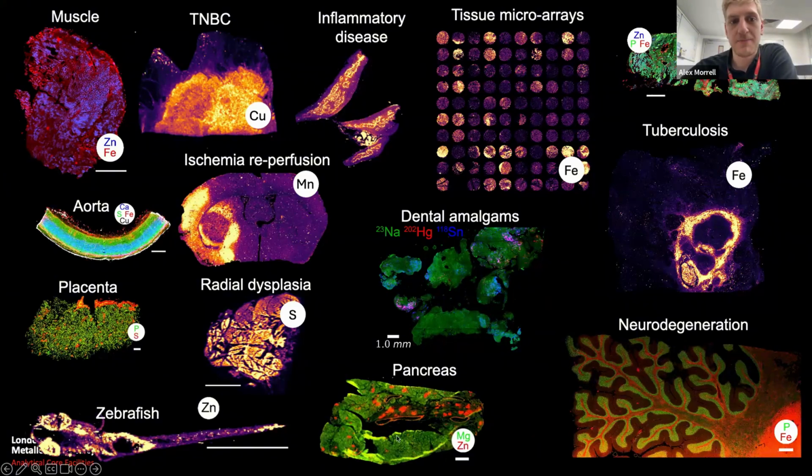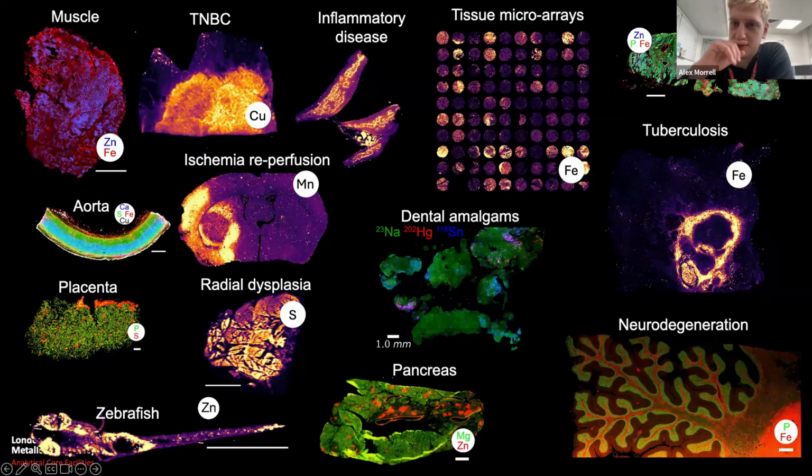But also things like diabetes. Zinc is incredibly important in the production of insulin, neurodegeneration, stroke, and things like that. So what I'm trying to show you with this slide is not just to impress you because the images look cool, but also that there's a real wide range of biological necessity to look at these elements in human health.